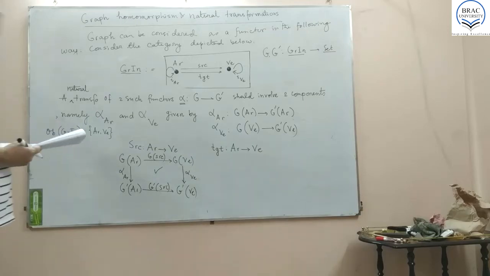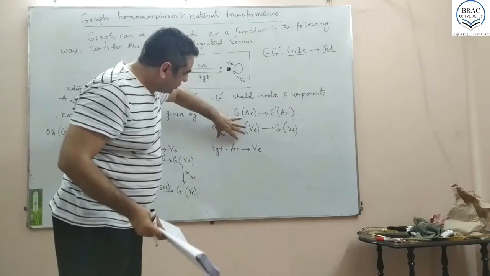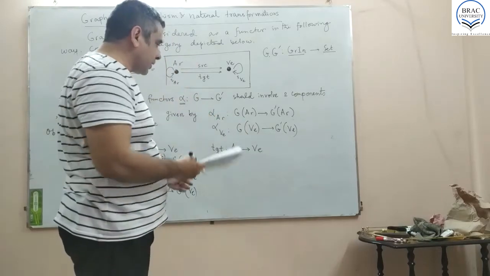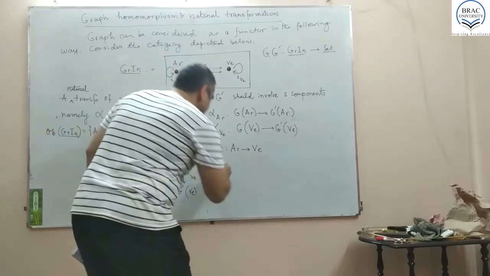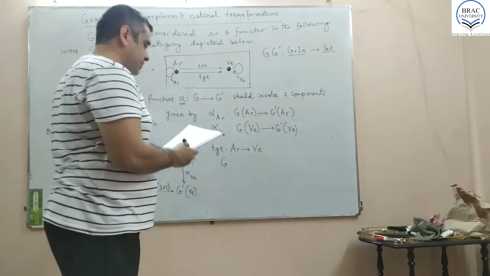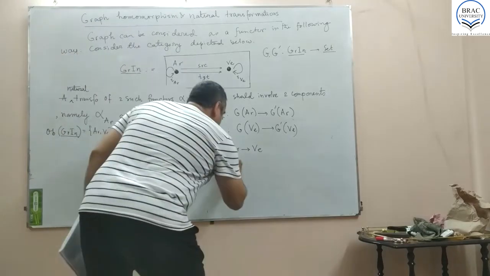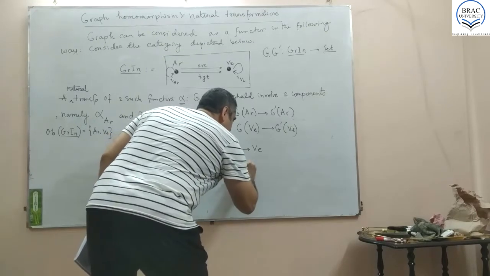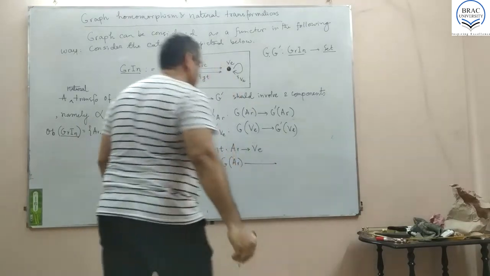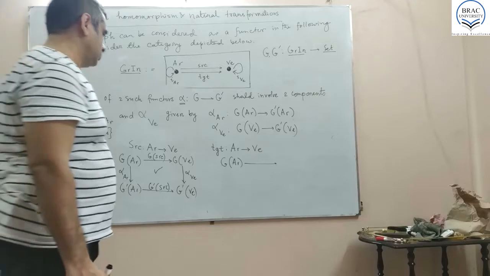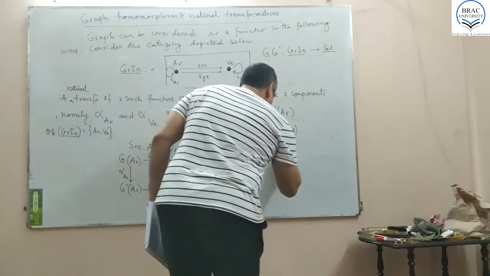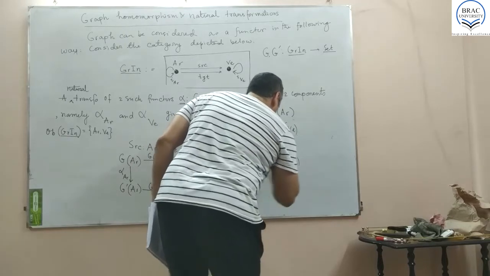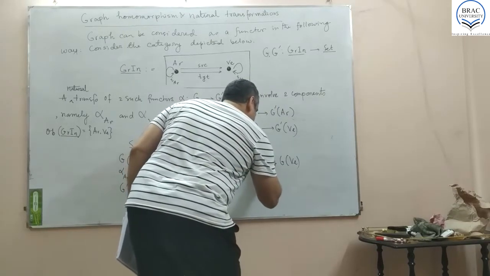And there is a naturality square associated with this morphism in this graph indexing category, which is G AR to G VE, and this is G TGT.